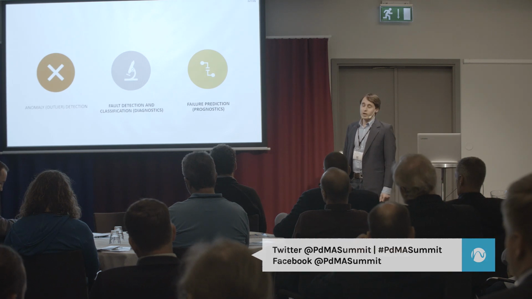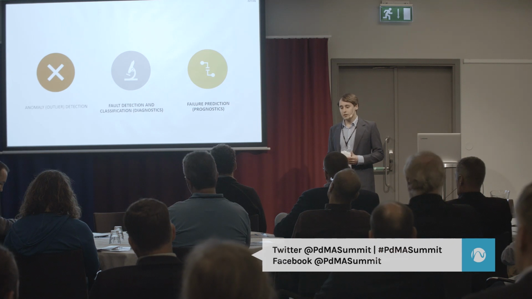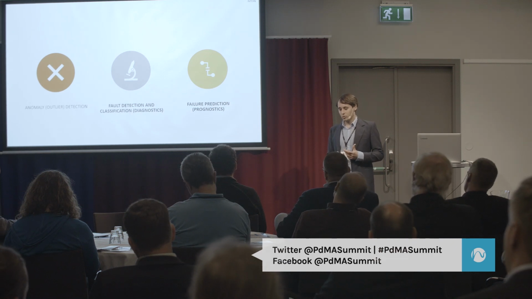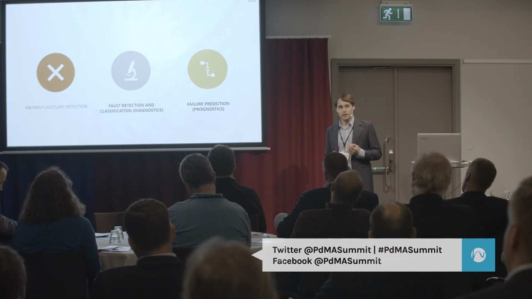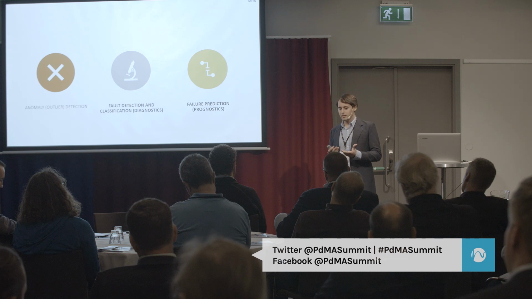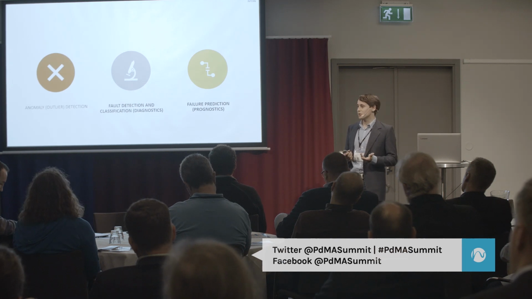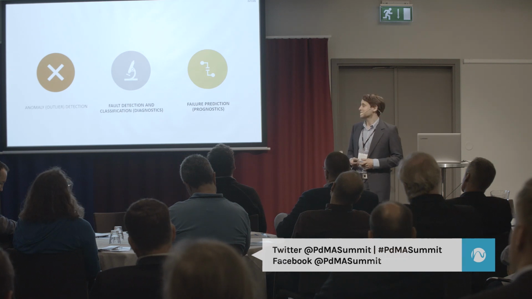Then we have fault detection and identification, and here we want to know when there's a fault actually. And we want the system to tell us about this and also provide the classification so we know which maintenance actions we can perform, usually immediately.